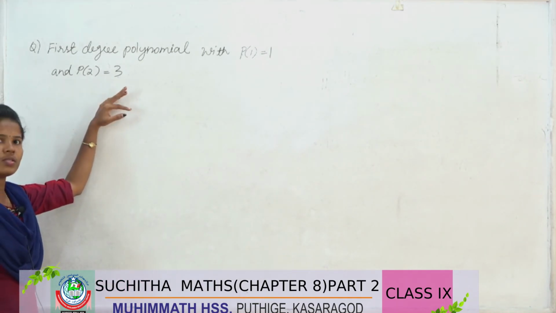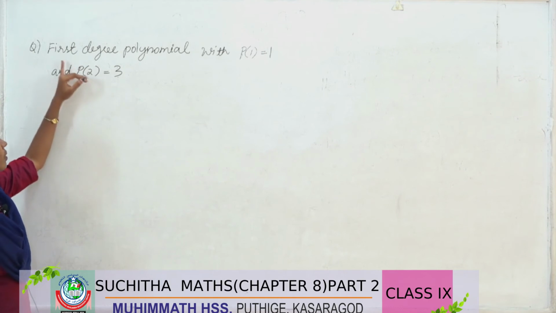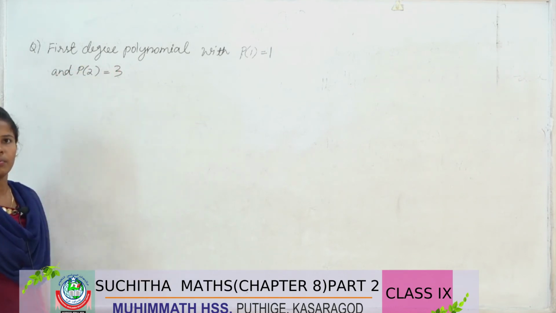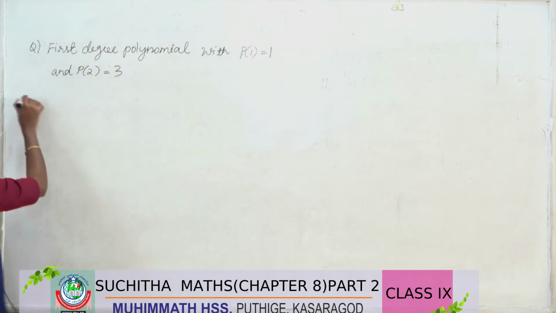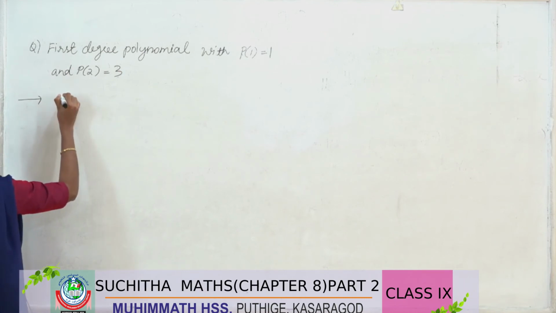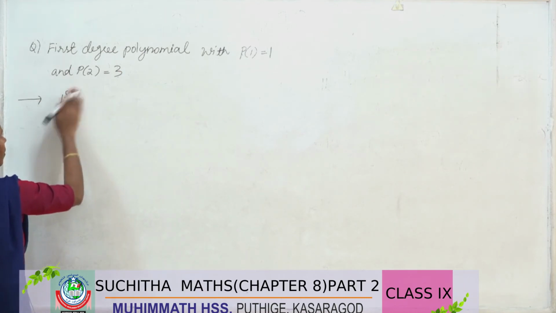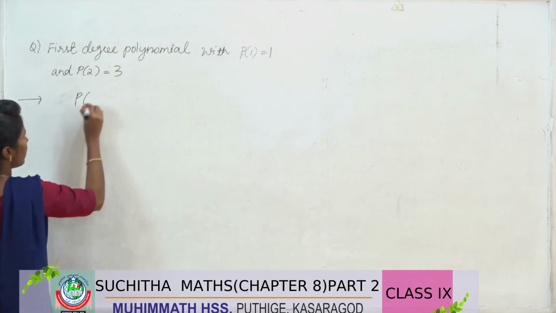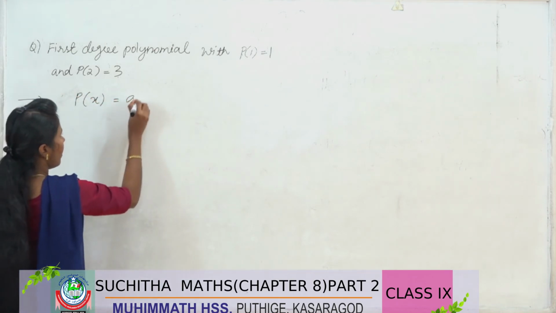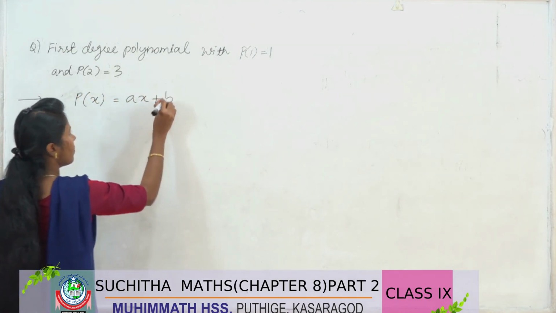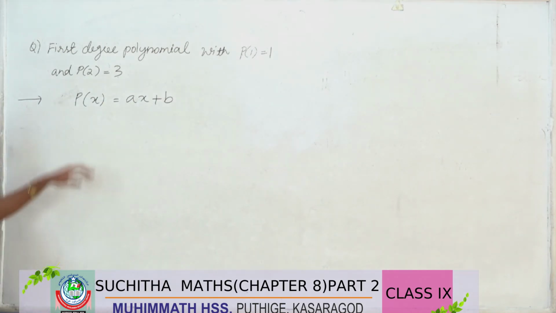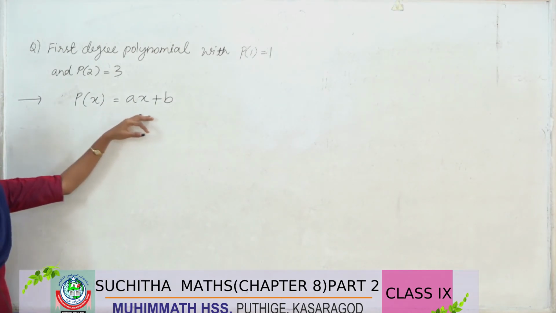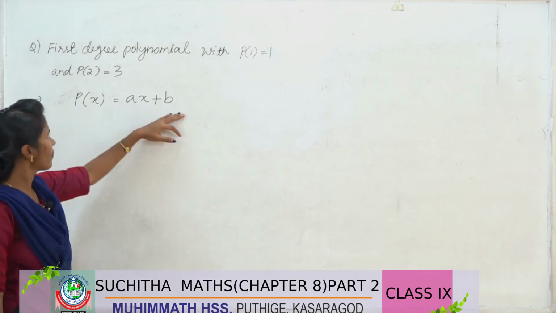By using these two conditions, we have to find a first degree polynomial. We know that first degree polynomials are in the form P of x equal to ax plus b. It is the general formula of a first degree polynomial.